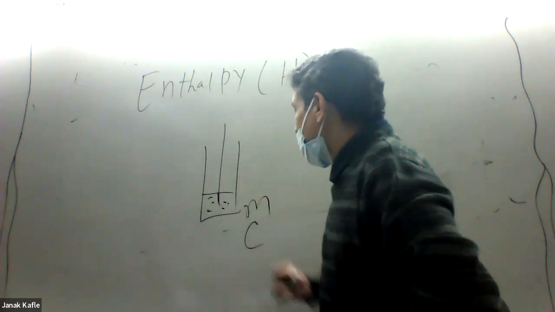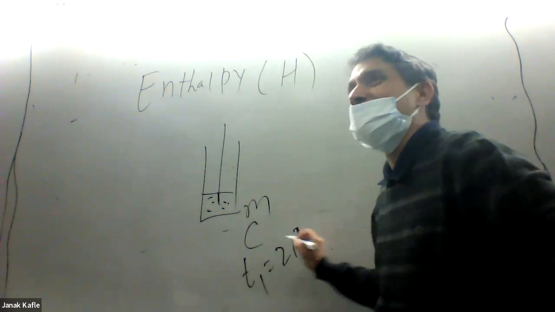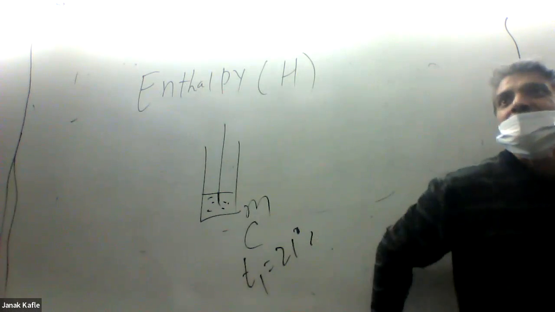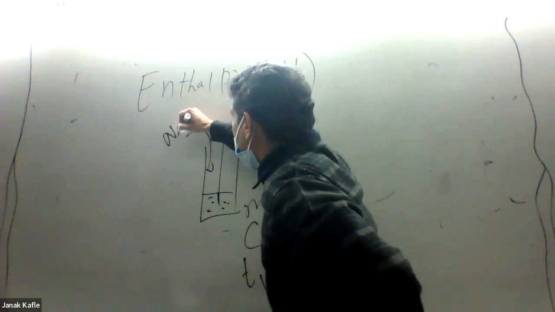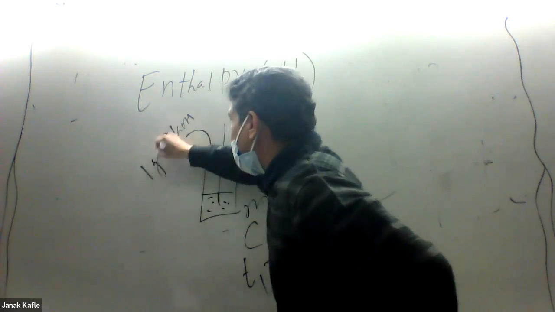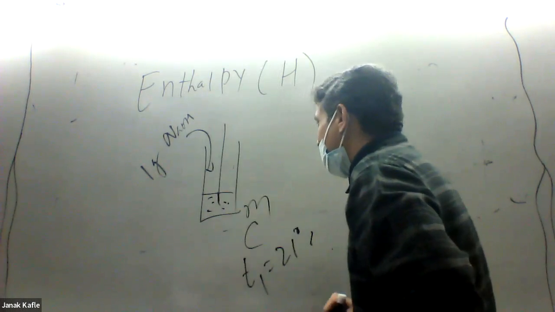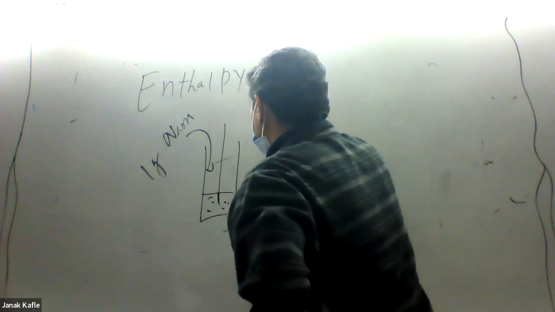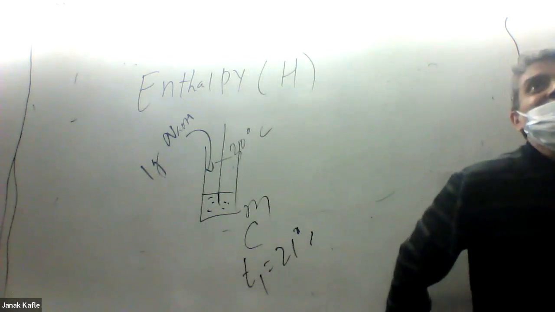You put the thermometer here, and the thermometer gives 21 degrees centigrade. Most of the time in our laboratory it is about 21 degrees centigrade. And I throw some sodium hydroxide here, let's say 1 gram of sodium hydroxide. The sodium hydroxide reacts with the water, and the temperature shoots up to, let's say, 30 degrees centigrade. So from 21, it shoots up to 30 degrees centigrade.